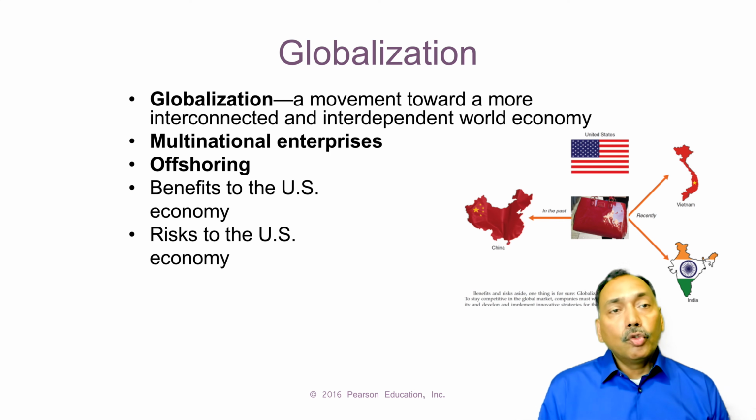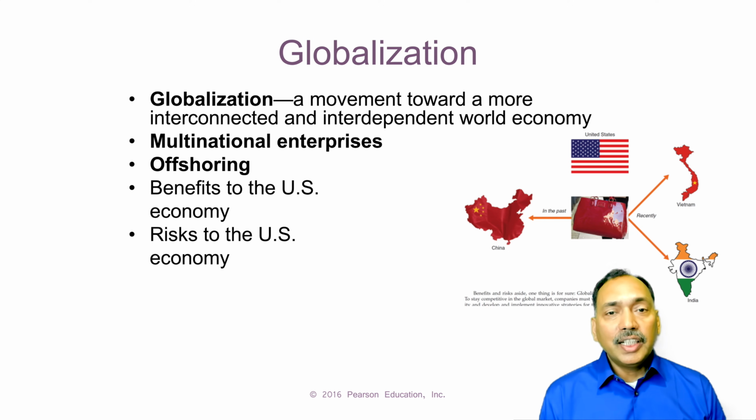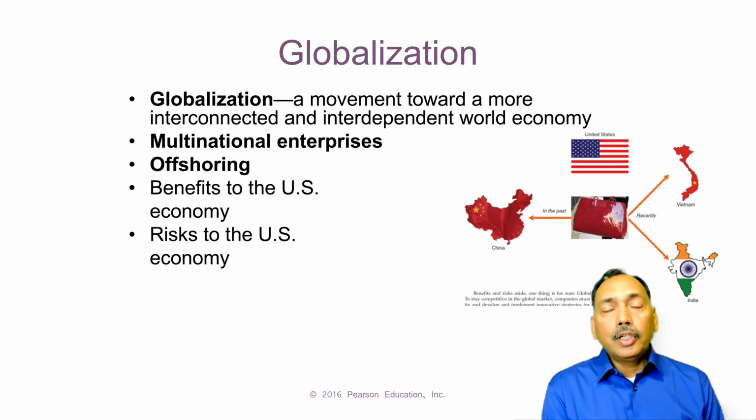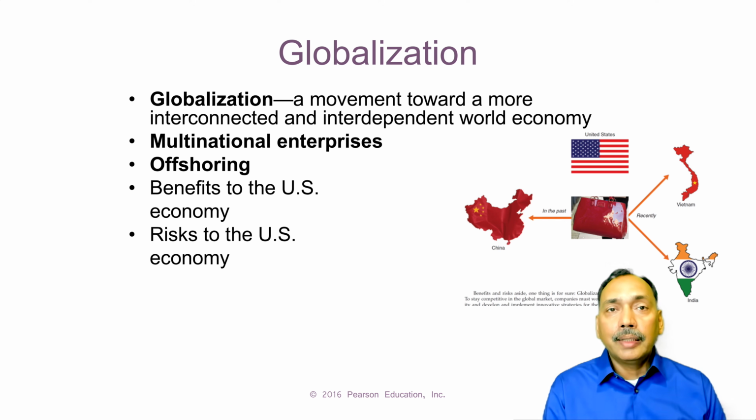Because of globalization, another term that has become very popular is offshoring. This is when companies find new places in the world where they can create their products at a cheaper cost, so they make a business decision and move their manufacturing to that location so that they can provide their products cheaper and be more competitive.